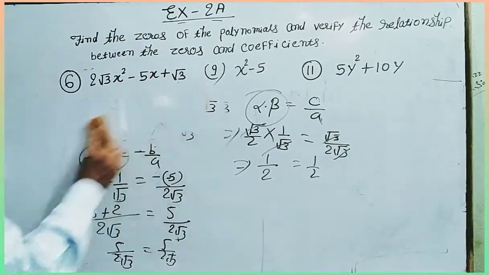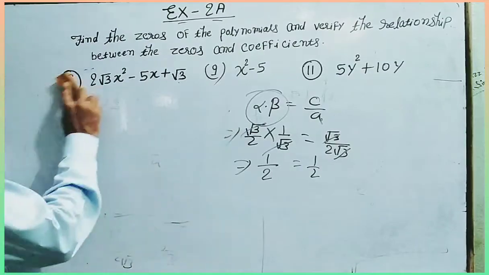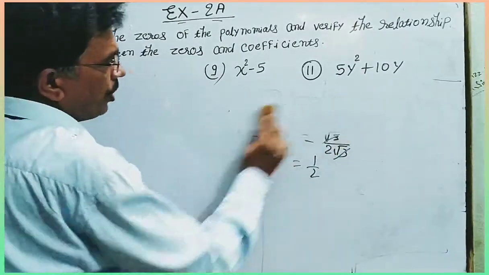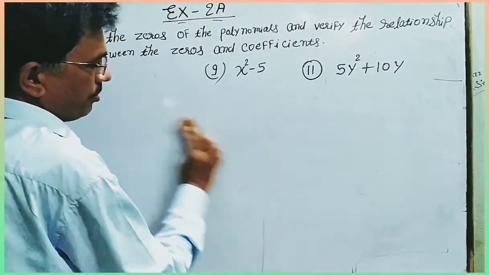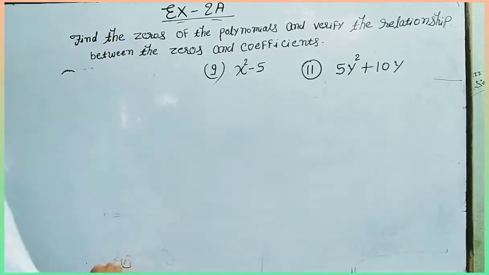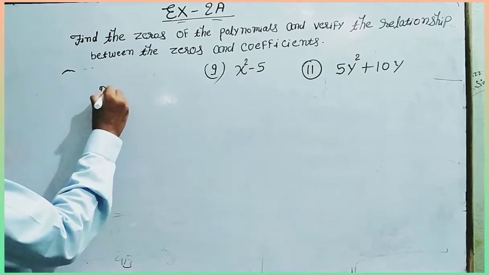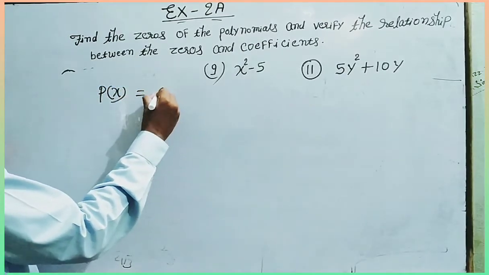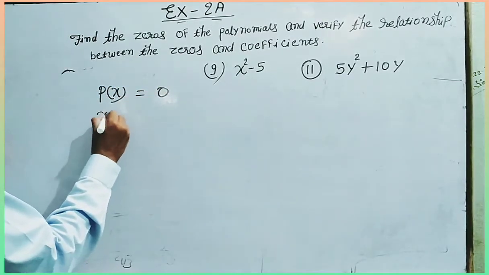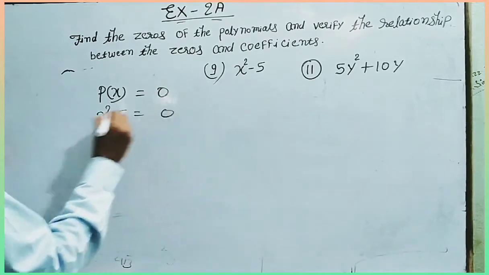Now question number 9. See here. Question number 9 has only 2 terms, but it is quadratic because the degree of the polynomial is 2. So you write p(x) is equal to 0, and p(x) is x square minus 5 is equal to 0.